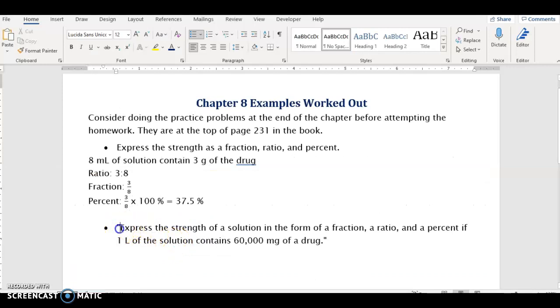Okay, and the problem says express the strength of a solution in the form of a fraction, a ratio, and percent if 1 liter of the solution contains 60,000 milligrams of a drug.